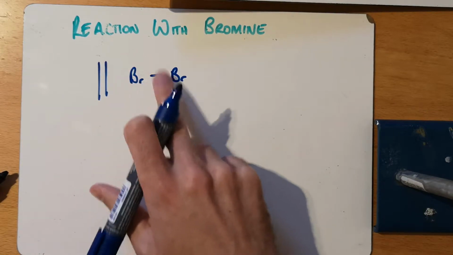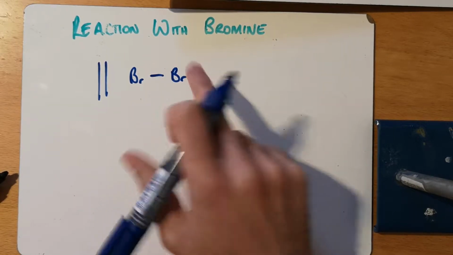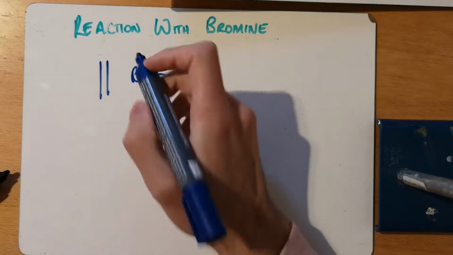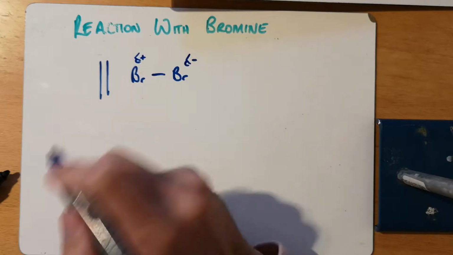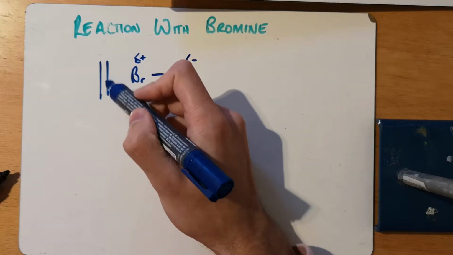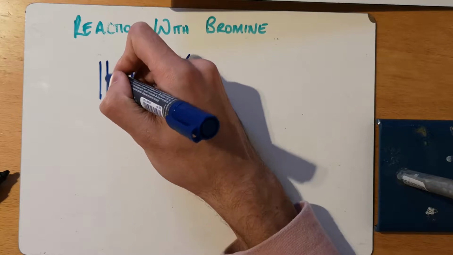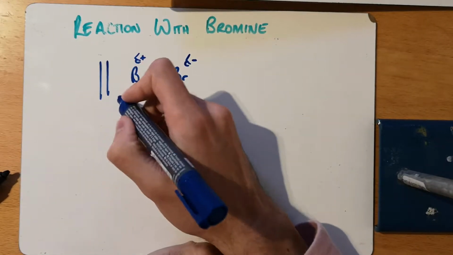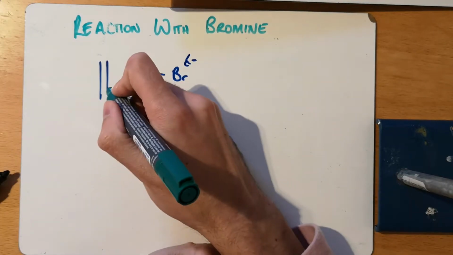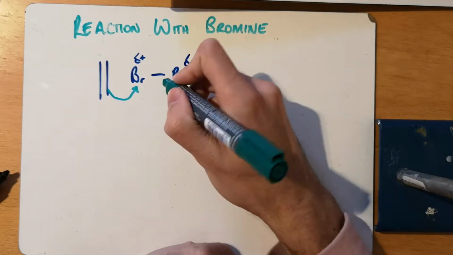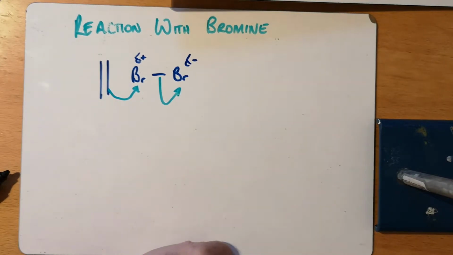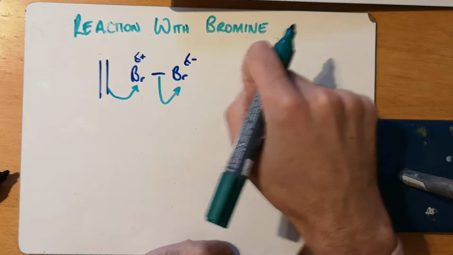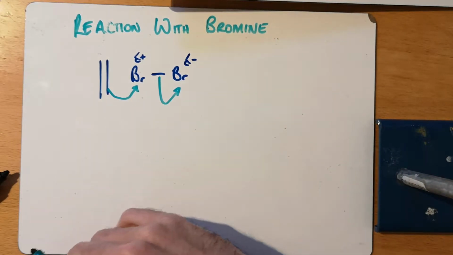So the electrons in this bromine bond get pushed over to this bromine, and that becomes slightly negative, and this becomes slightly positive. This is all due to the fact that the double bond is a dense area of electrons. The pi bond breaks, and we get a reaction occurring. Bromine gets taken in, this becomes a bromide ion, and that can then join on again.